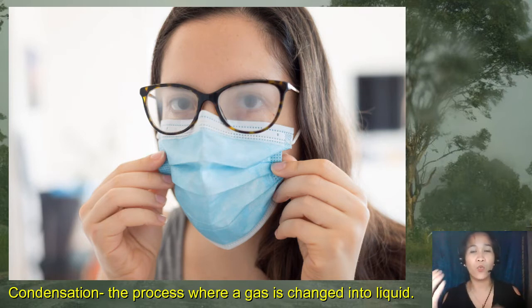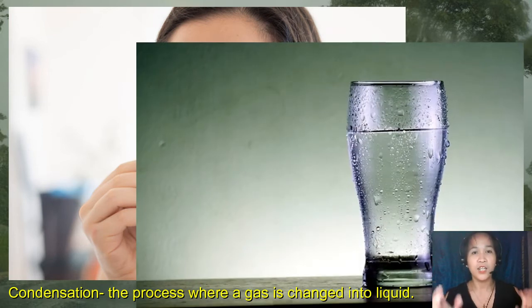When your warm, moist breath escapes through the top of your mask and then hits the lenses of your glasses, that causes them to fog up. Another example is the water that collects outside of your glass of cold drink. That is one example of condensation. Okay, so that's it.